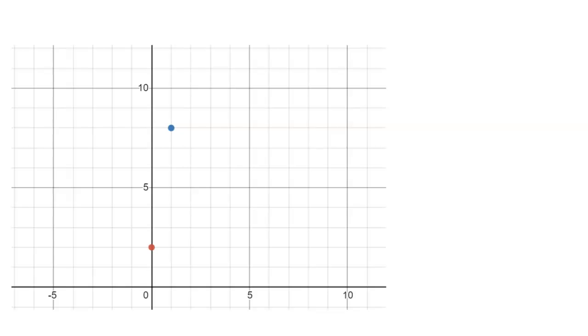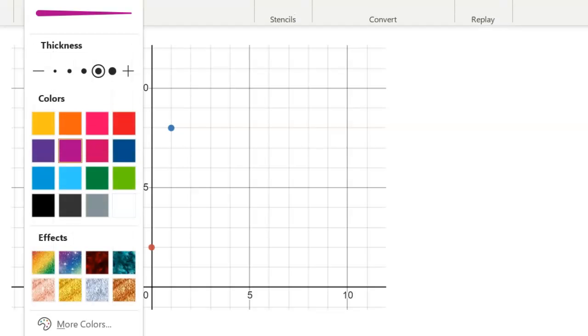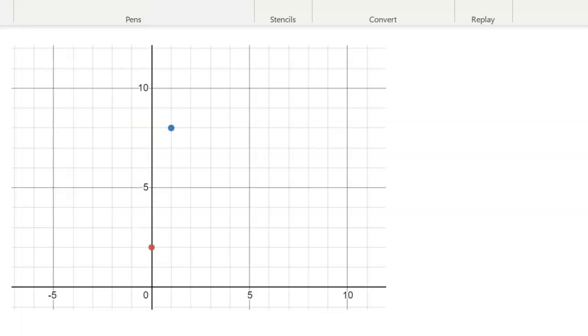Now this is more what the Desmos activity is going to look like. You can see that there are 2 points here. One of them is on the y-axis and will help me determine my y-intercept. That is obviously the red point here. And then the other one is going to help me determine what I'm multiplying by.